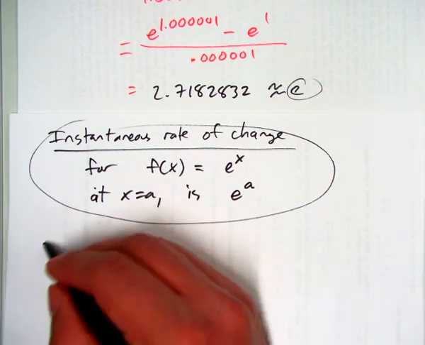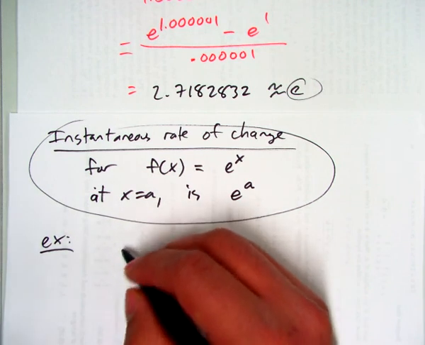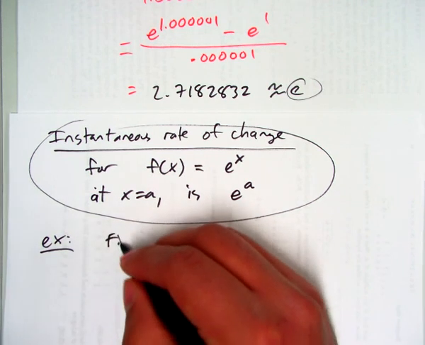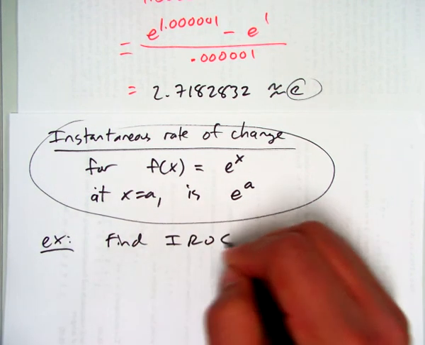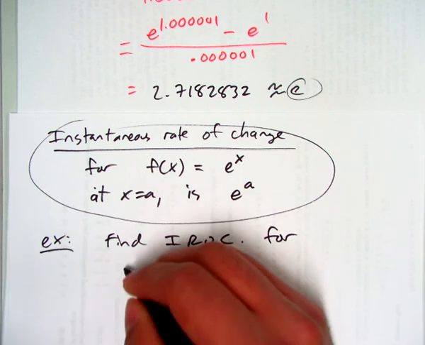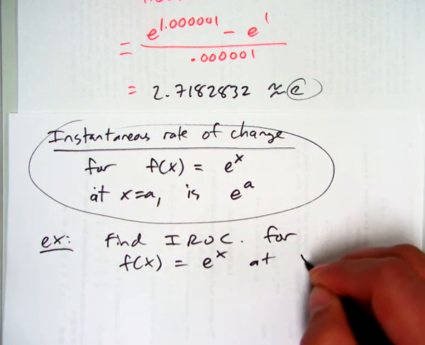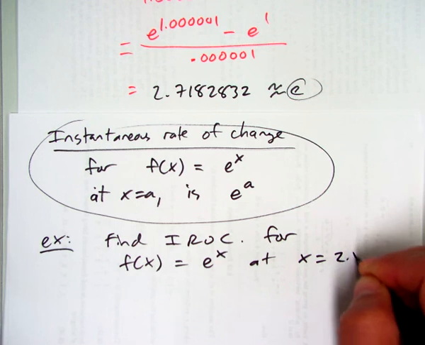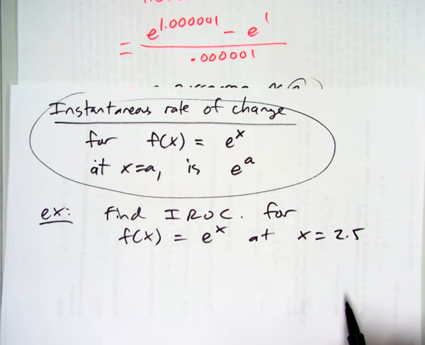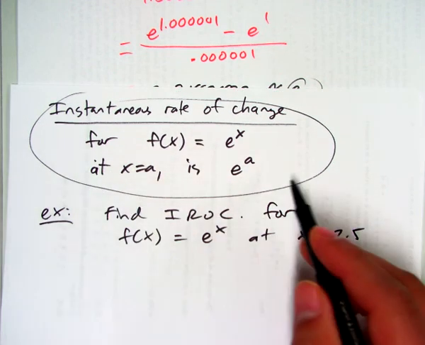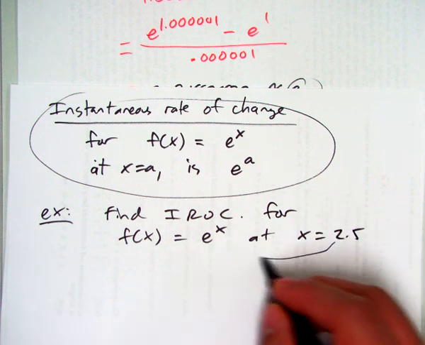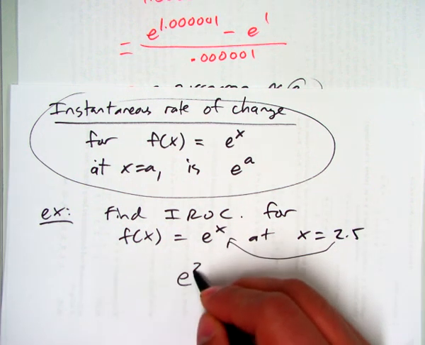Some quick examples to illustrate. If I said, find the instantaneous rate of change for f of x equals e to the x at the point x equals 2.5, hopefully you see what this means. I don't have to do any work. All I do is plug in 2.5 for x and I'm done.